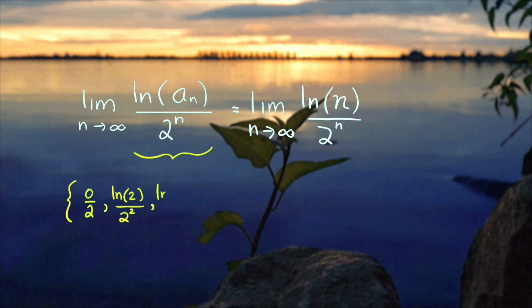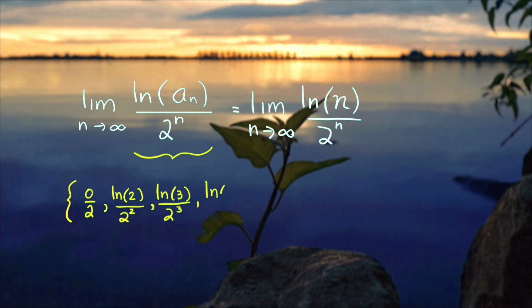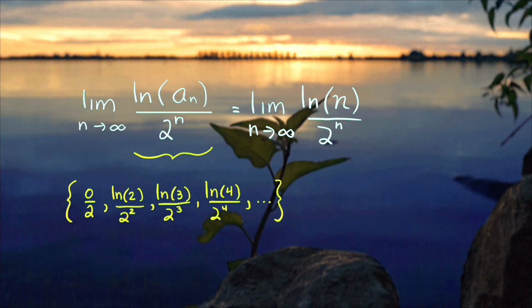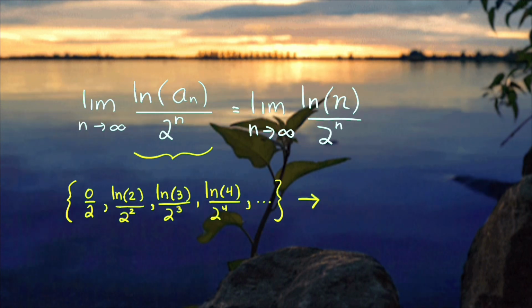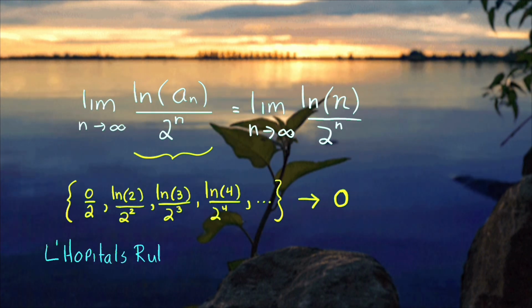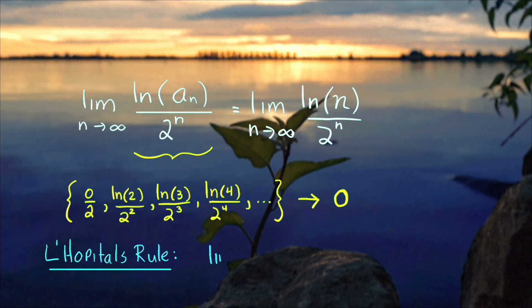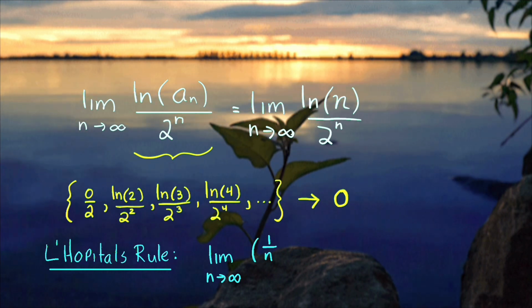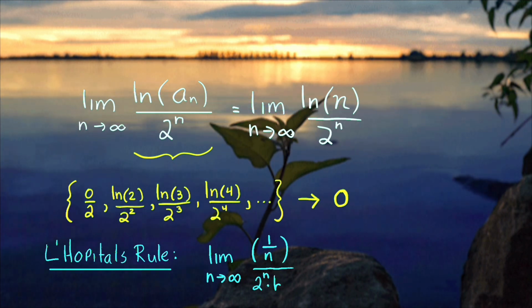So if we examine what some of these sequence terms are going to look like, the natural log function grows slowly where the exponential function grows very fast. So it looks like this would approach 0. But just to be sure, let's apply L'Hopital's rule to this limit and take the derivative of both the top and the bottom to see what result we get.